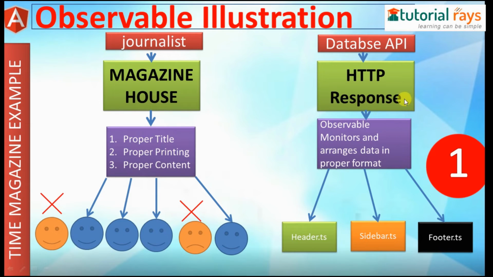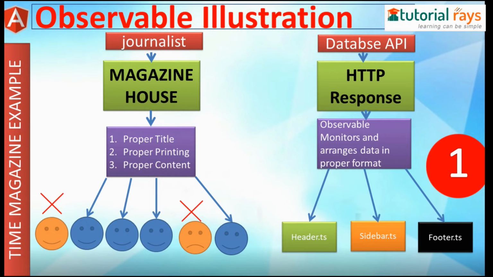So the observable receives data in raw format. In the first example, you have seen that it was received in email, hard copy and WhatsApp formats. Similarly, the observable stream receives data which is not in array format, which is not in proper format. So what is the task of the observable? The observable monitors, checks and arranges the data in proper format.